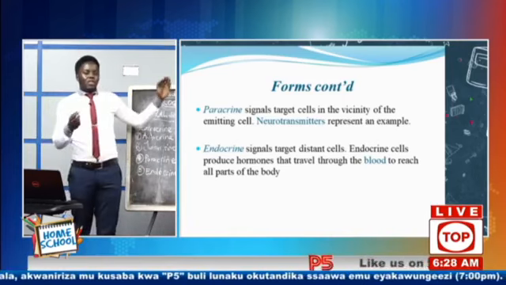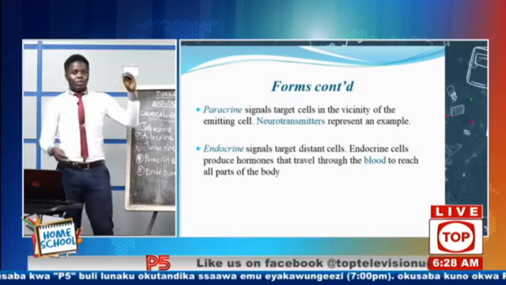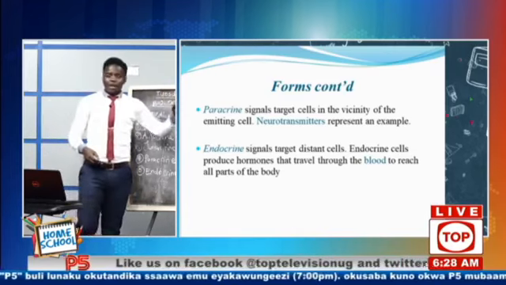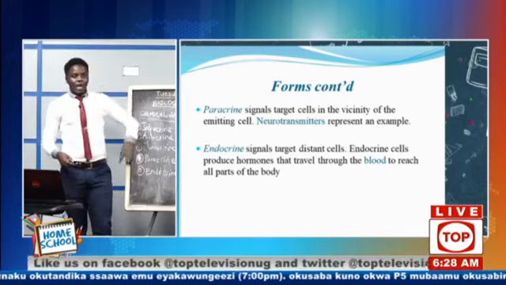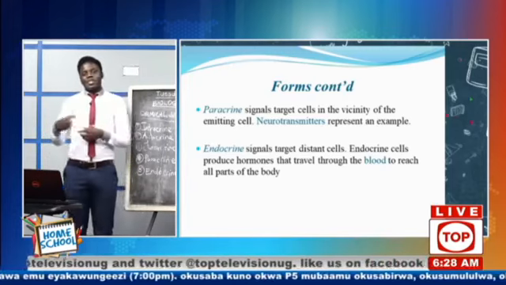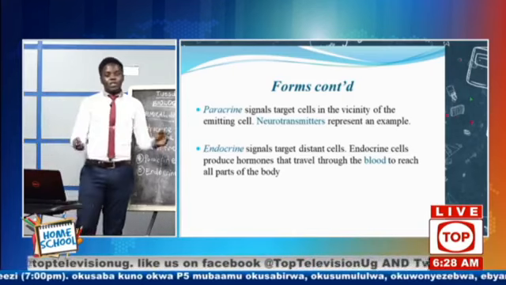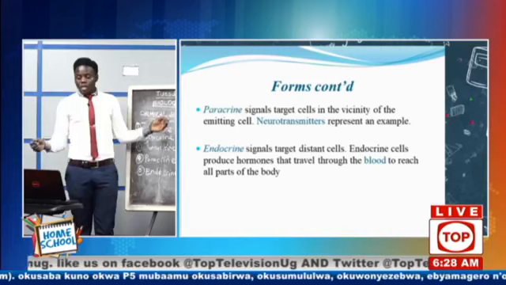That is long distance. Endocrine signals are produced by the secretory gland, and they are poured into blood, transported by blood to where the target cells are going to be. So endocrine signaling involves long distance signaling.